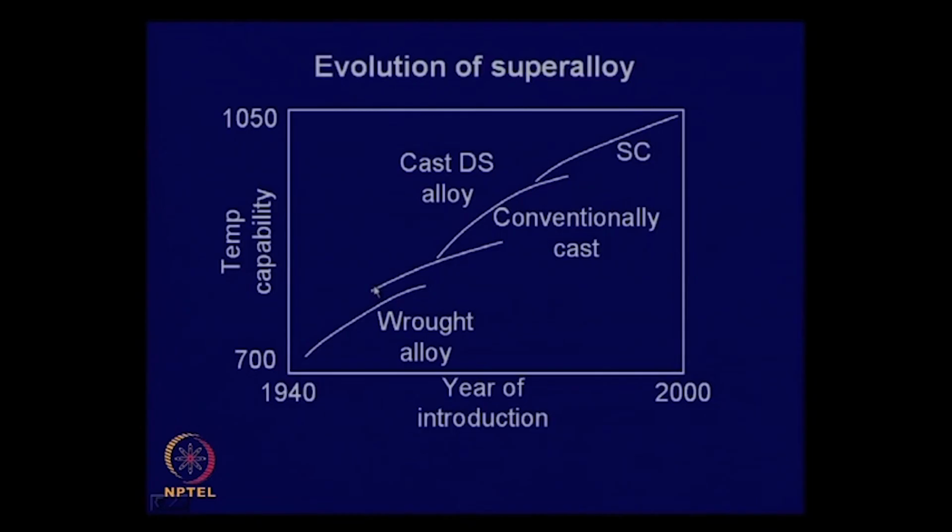So, the other alternative is conventionally cast, the precision casting techniques, but these are still polycrystalline materials. Then directional solidification developed around the 60s, and from the mid 70s single crystal blades became available, and they are currently the most attractive material for aero gas turbines.